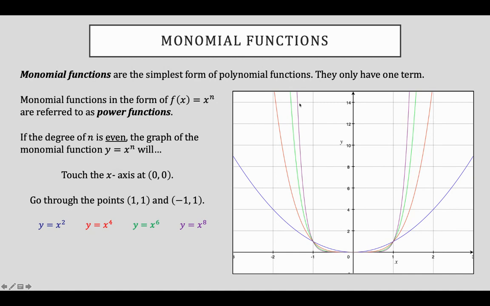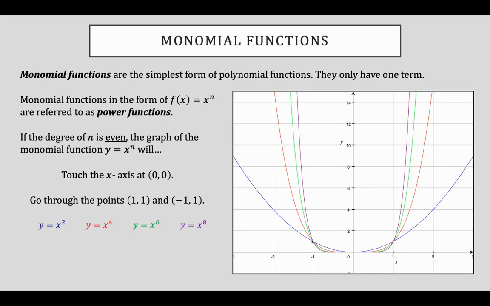Again, it grows even more quickly outside of -1 and +1, and is even flatter between -1 and 1. But what points do all of these graphs have in common? They all go through the origin at 0, 0, and at 1, 1, and at -1, 1. So just keep those shapes in mind. It'll give you a good idea of what we're looking at in some of our future graphs coming up later on.